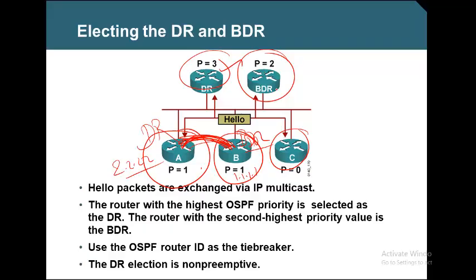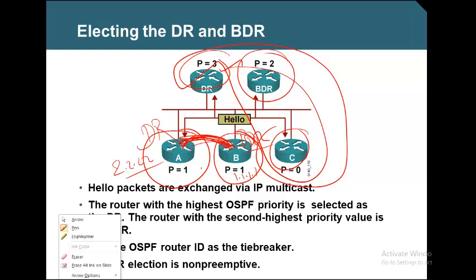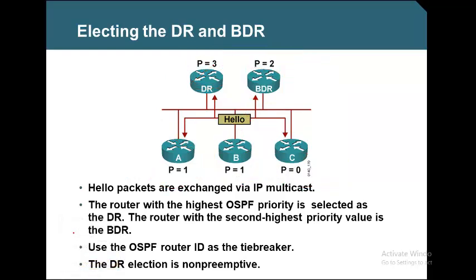These three will become DROther only, because we learned that DR/BDR election is non-preemptive. You can see even here, the last line: DR election is non-preemptive. So the priority matters.